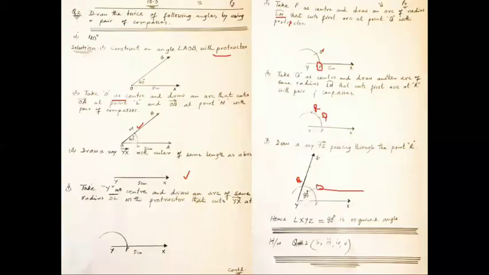By the same way in question number 2, draw twice of the following angles by using a pair of compasses. Twice means its measurement will be 2 times that of the first angle. I have done part number 1, 40 degrees. Draw in 2 steps.